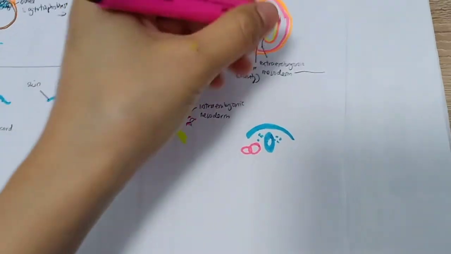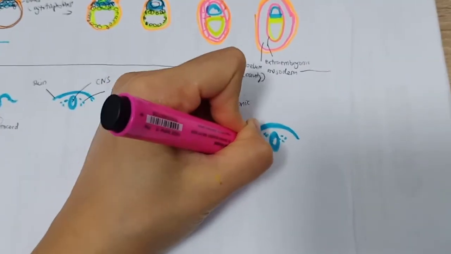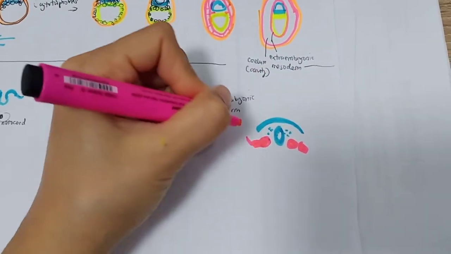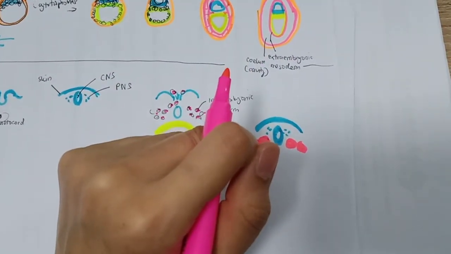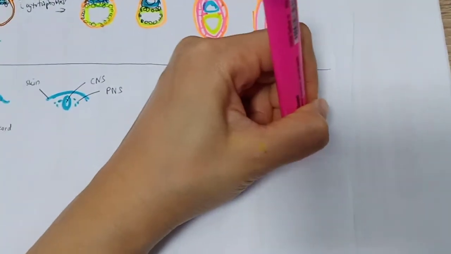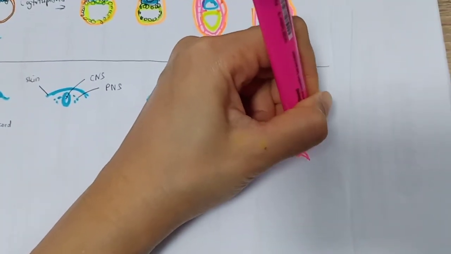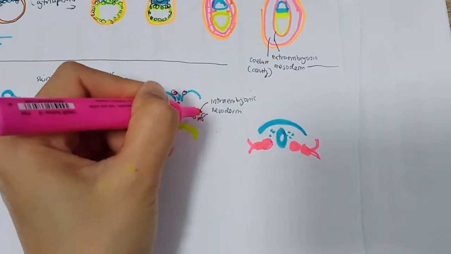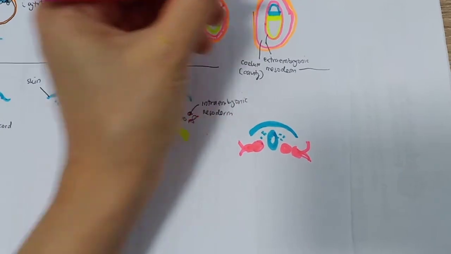So the mesoderm, as you can see here, there will be an influx of the mesoderm, and we have three parts of the mesoderm, which we have the first. I catch this way because it's actually the connection between the intraembryonic mesoderm and also the extraembryonic mesoderm.